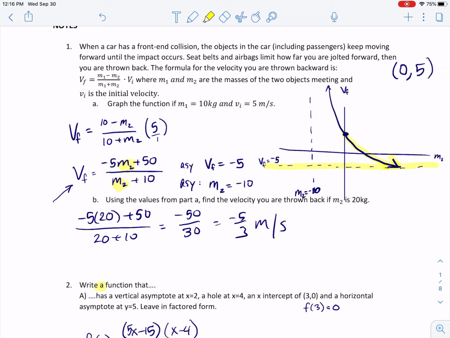This asymptote shows us the velocity gets less and less positive, and then you're moving more, but you'll never go more than negative 5 for your velocity. The physics teachers might kill me for the way I described that. The other ones make a little more sense.